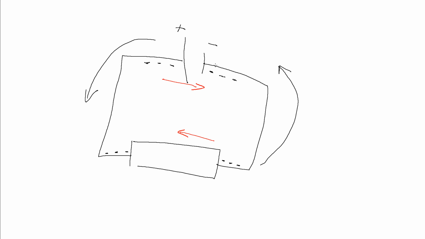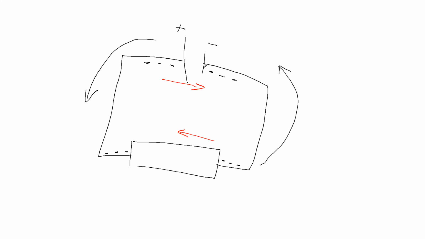As they pass through the cell, they're going to gain some energy, and as they pass through the resistor they're going to lose some energy. And this is what a voltage is. It's how much energy we're giving to or taking away from each coulomb of charge that flows through some component.